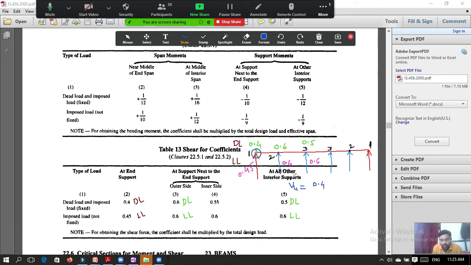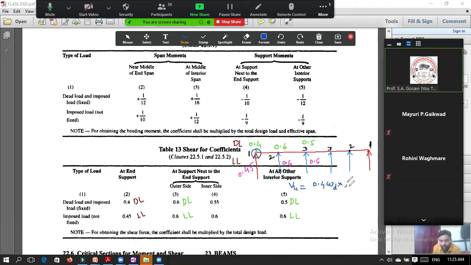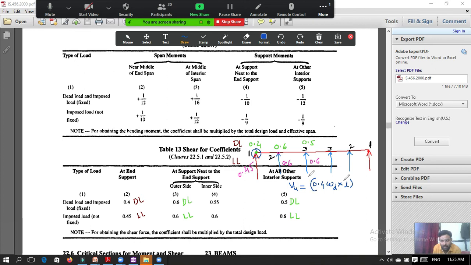0.4 is the coefficient for what? Dead load. So I will write here W into D, whatever may be my dead load, into L. L is the span. Okay. Plus here again for live load the coefficient is 0.45. So I will write in the next bracket 0.45 into WL live load into L. Okay, and in this way if you put the value of dead load and span, live load and span here, you will get the value of shear force.